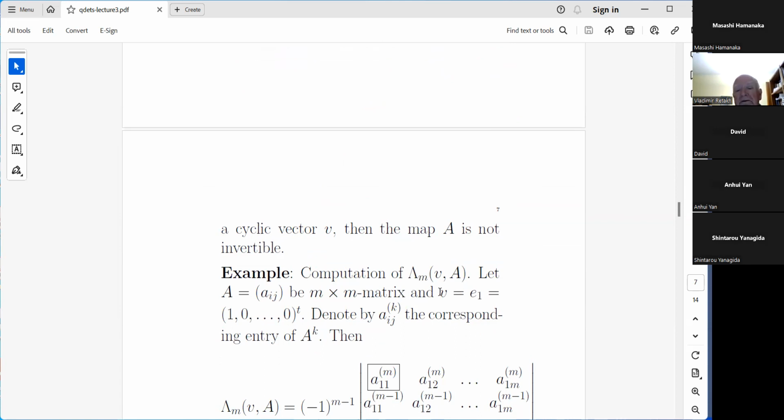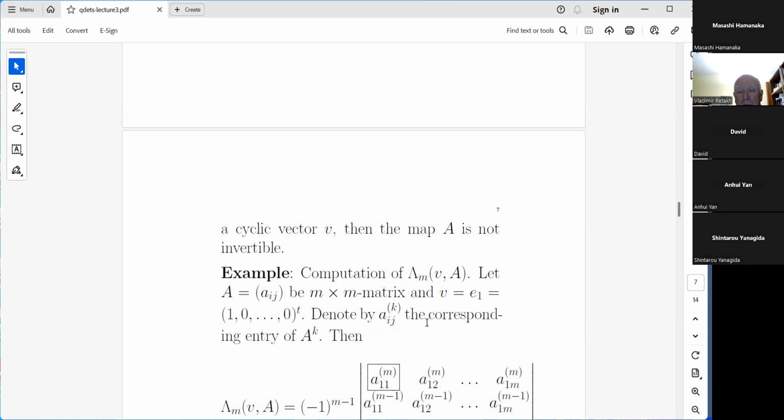Well, in the case when v is just a coordinate vector. So for simplicity, I took E1, which is 1, 0, 0, 0, 0. But you can take E sub I when 1 is on the ith place.